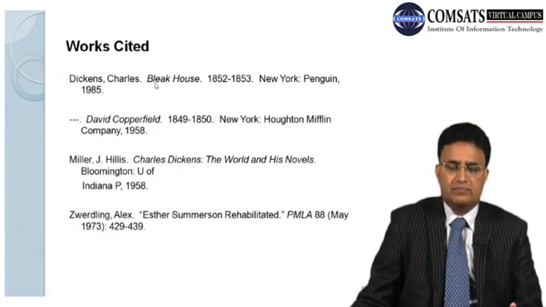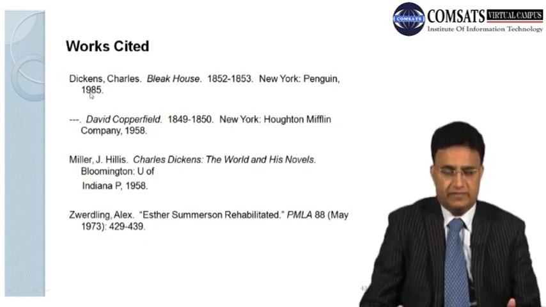Bleak House, the name of the novel, and when it was written, 1852 to 1853, full stop. Then New York, that is the place of publication, with a colon, and Penguin are the publishers, comma, and 1985 is the year of publication of the book.